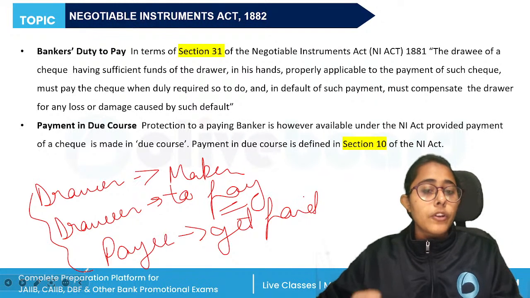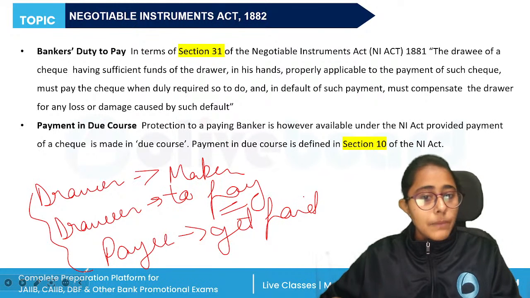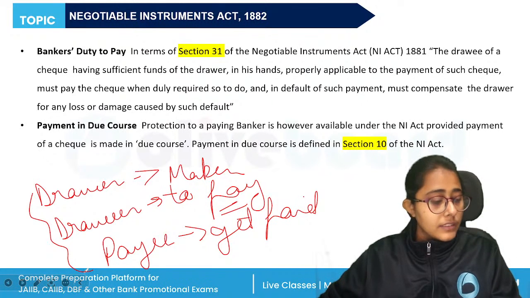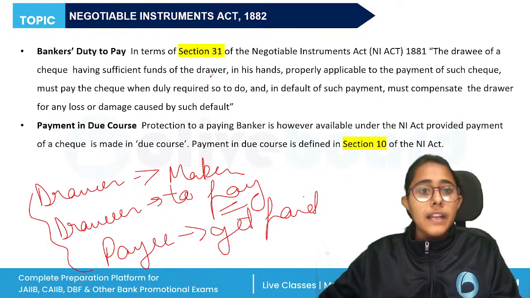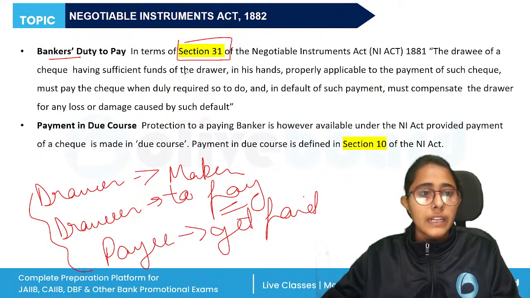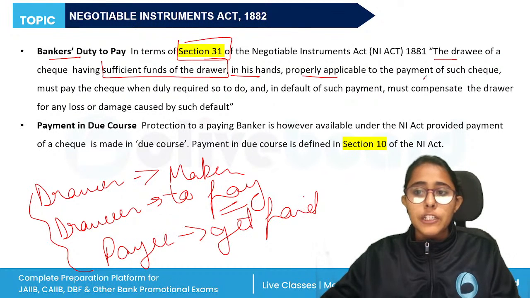Then if we talk about the payment of checks, there is certain protection that is provided to bankers as well as the customers, right? So first we have the banker's duty to pay, which is given in section 31 of the act. The drawee of the check having sufficient funds of the drawer in his hands, properly applicable to the payment of such check, must pay the check when duly required to do so.